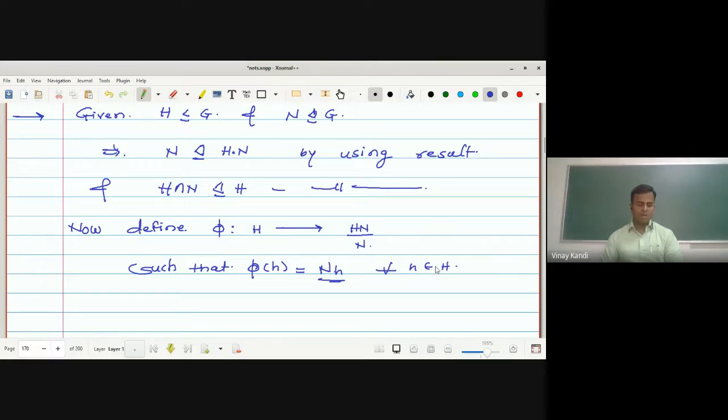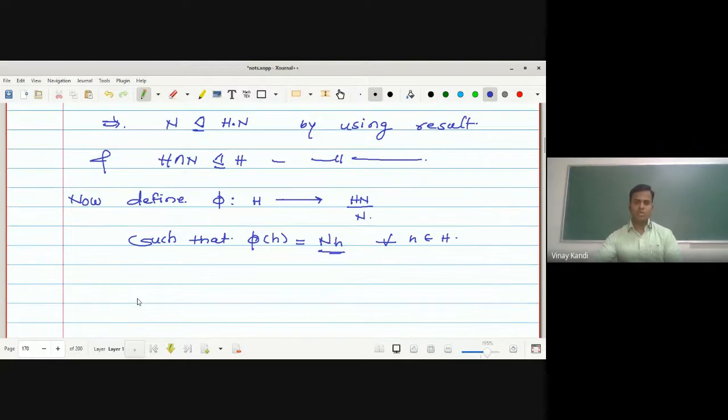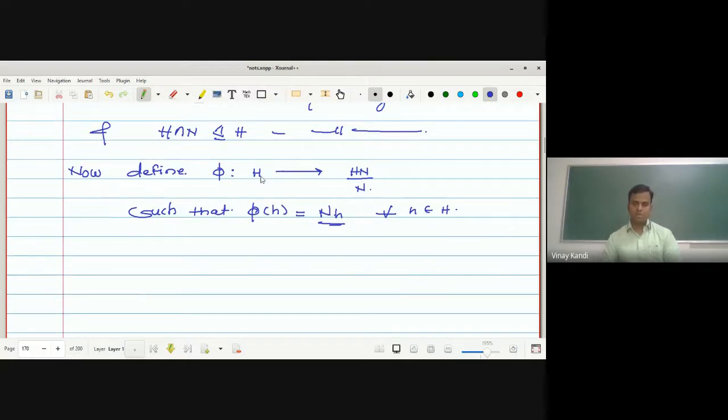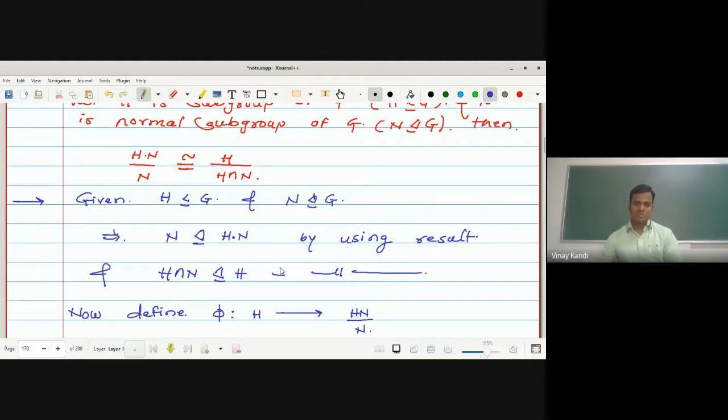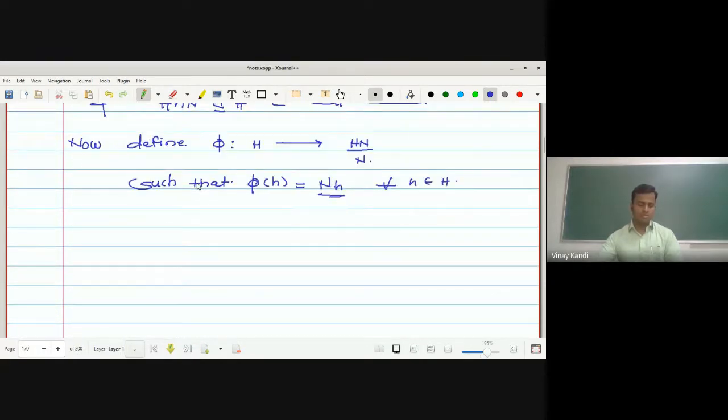Now again we have to prove that H divided by H intersection N is isomorphic to this one. First prove this function is one-one and onto.